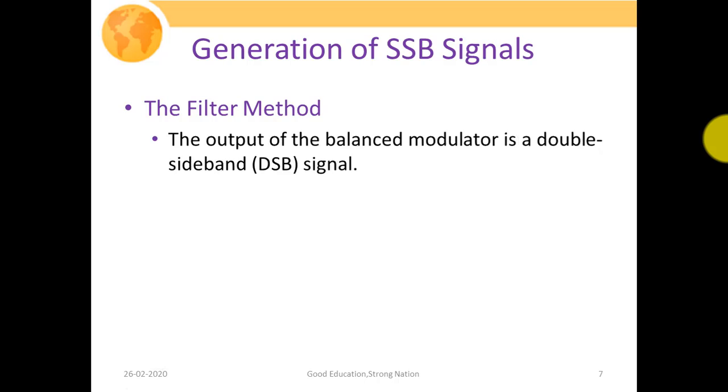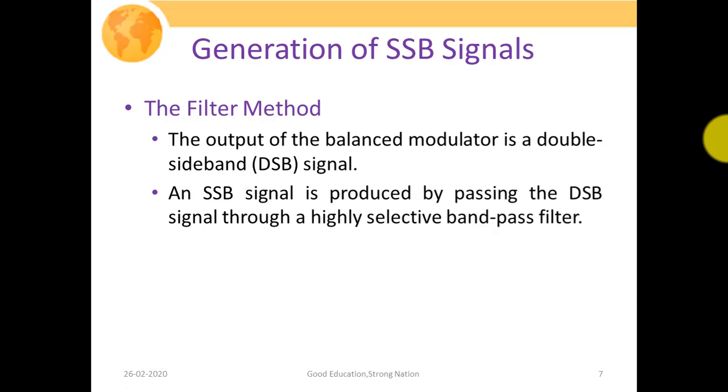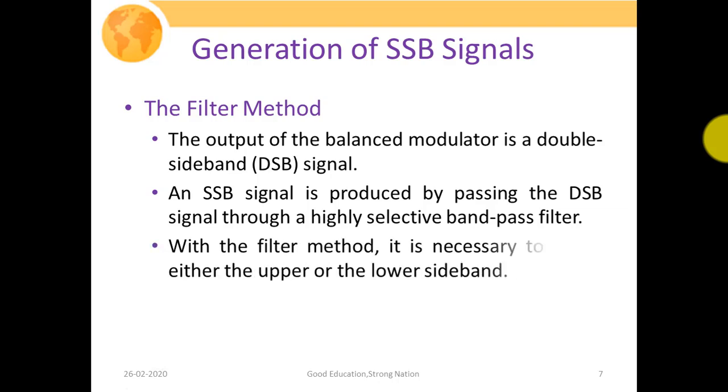The output of the balanced modulator is the double sideband suppressed carrier signal, and this signal is passed through a highly selective band pass filter, which will precisely pass only one sideband, either upper sideband or lower sideband. In this manner we will have only a single sideband system, that is upper sideband suppressed carrier or lower sideband suppressed carrier. In our example we are selecting the upper sideband.